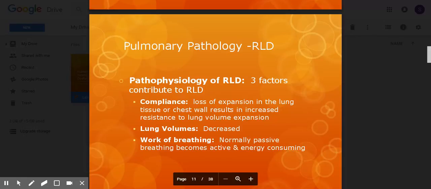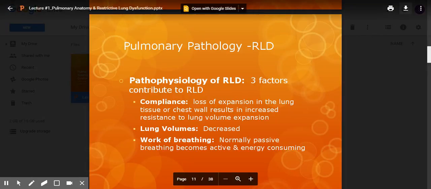The work of breathing in people who have restrictive lung dysfunction can increase to up to 25% of the oxygen taken in being used for the work of breathing itself. This becomes very cyclical in nature. If you're using all of your energy to breathe, you don't have energy to do other activities, and can become a severely limiting situation.